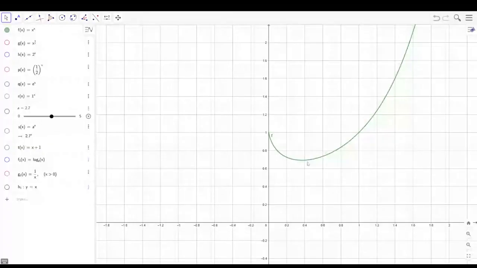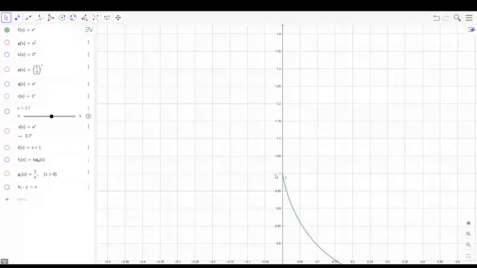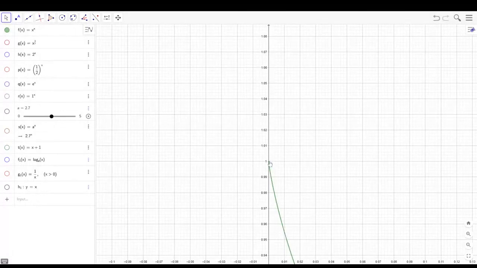Okay. So there was a question in the chat about 0 to the power 0, and a few people are saying, well, it's undefined and all this sort of stuff. But what we can do, if we want to define it, it's not actually defined for x equals 0. What we can do is just make 0 to the 0 equal to 1 and plug that discontinuity. It's a removable discontinuity.